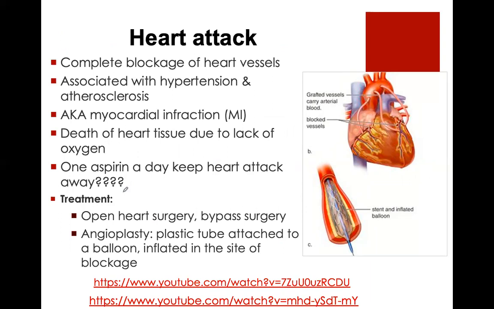When these blood vessels that are supplying the heart are blocked, part of your heart will not receive oxygen, and therefore that part of the heart will die as a result of lack of oxygen. Now, the heart is the organ that literally supplies the rest of your body with oxygen. So if that is damaged, you are going to deprive the rest of your body of oxygen as well.